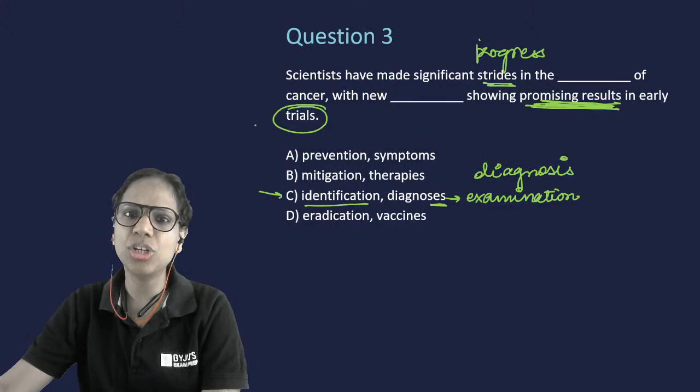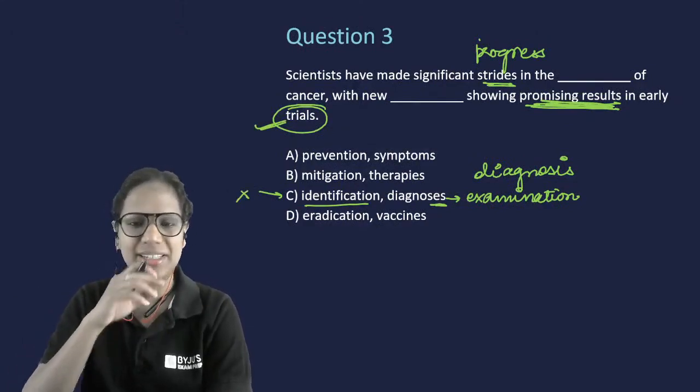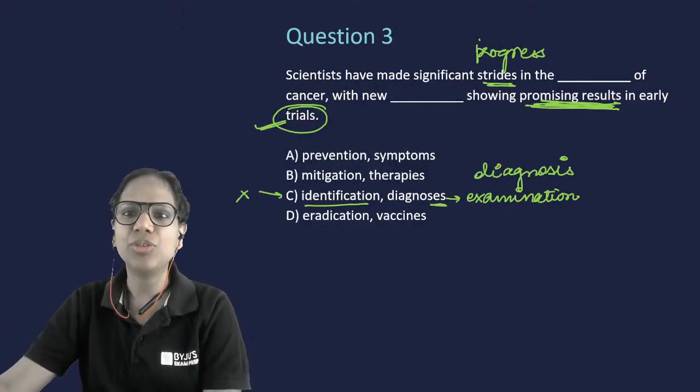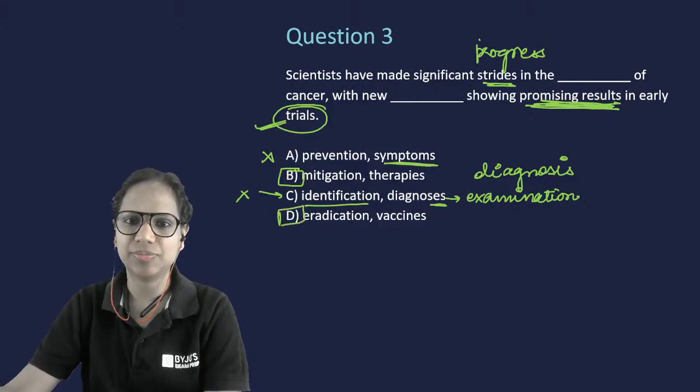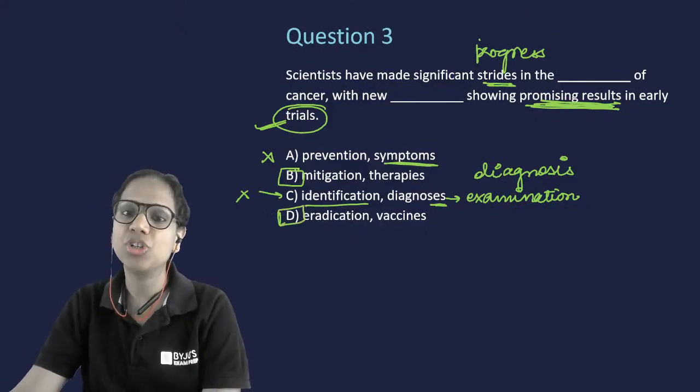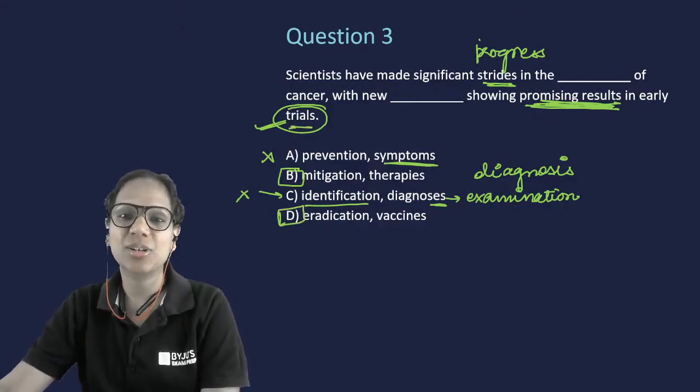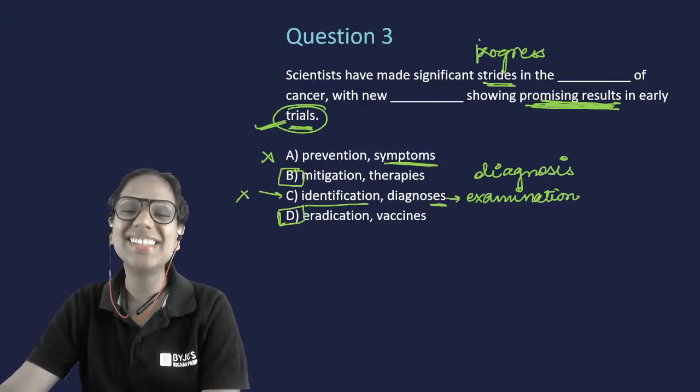So, something is undergoing trials here, right? So, C is eliminated. It cannot be the answer. Then, with new symptoms, again eliminated. It has to be between B and D. Okay, now because of trials, it's very tempting to write vaccines here.